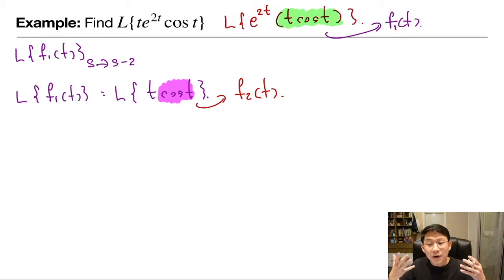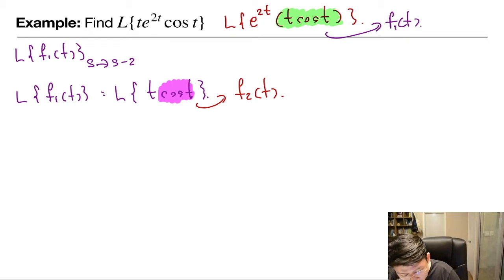But if we want to find the Laplace transform of t cos t, we don't really have the formula for it, right? So we do need to go back to the second technique to find the Laplace transform of f1(t). So in that case, here is t to the 1.